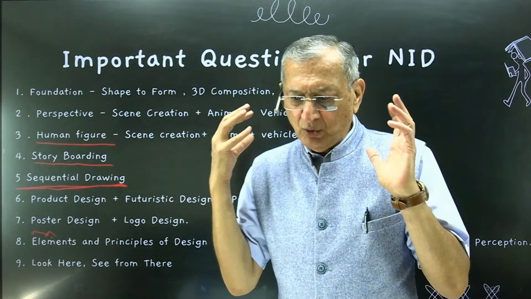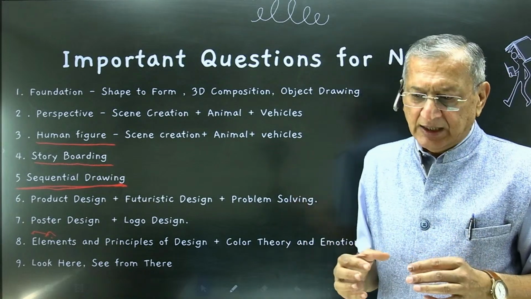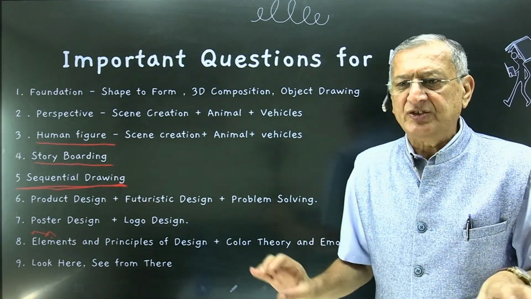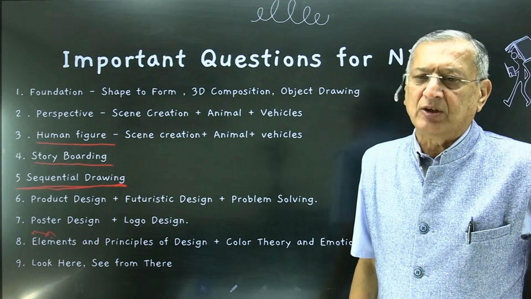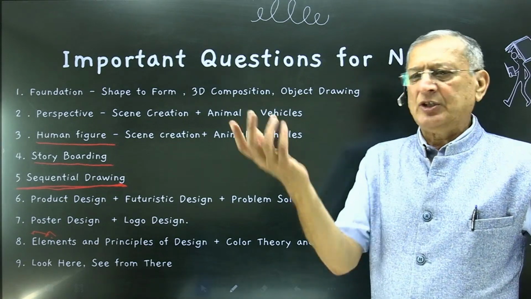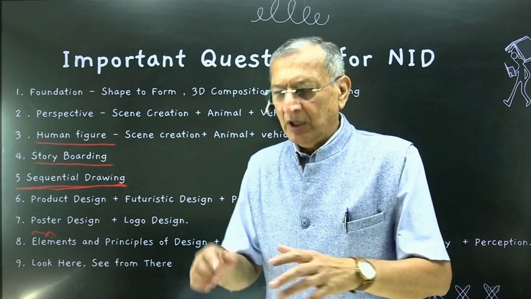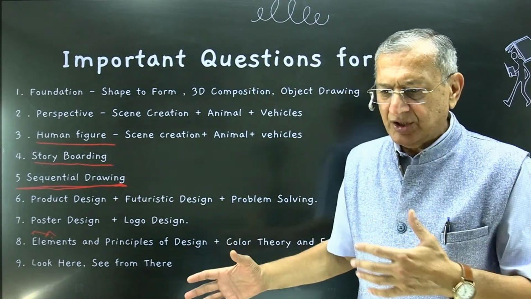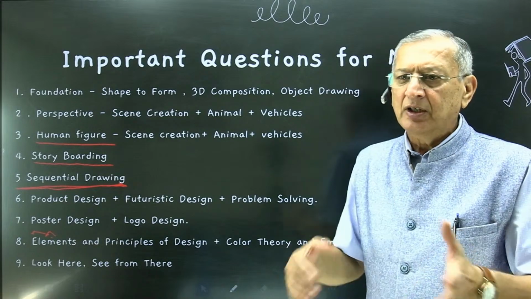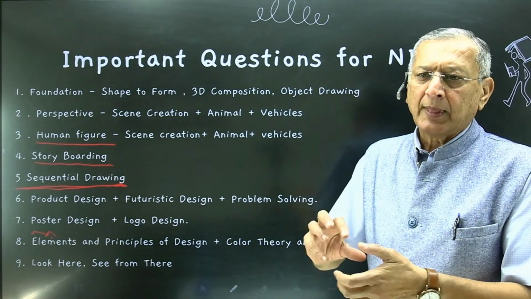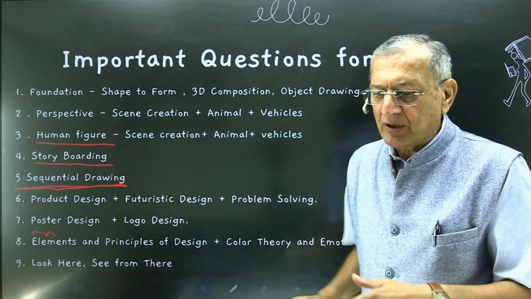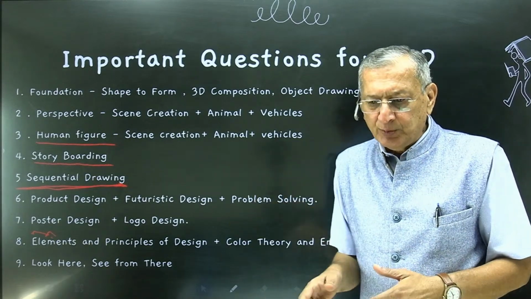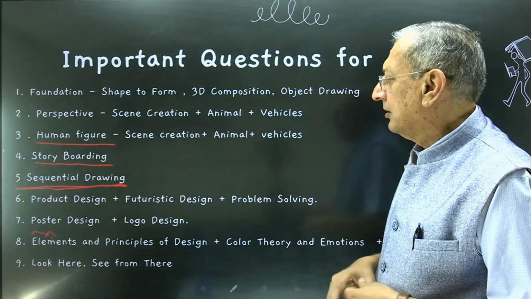It depends on how complicated they ask, and they do mention how many frames you have to make. Likewise, maybe tea making, maybe changing of a car wheel, or maybe fixing a puncture of a bicycle tube or tire.